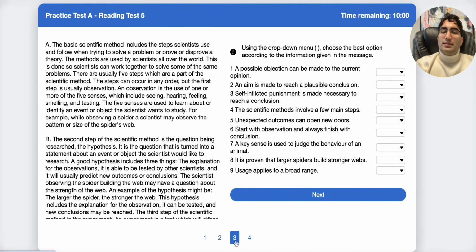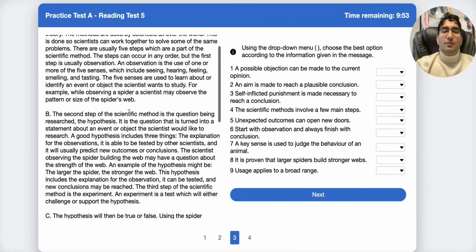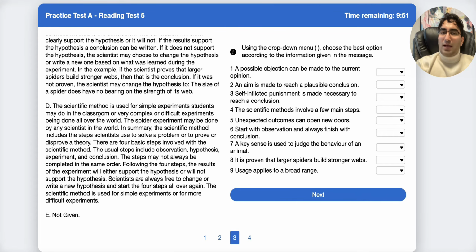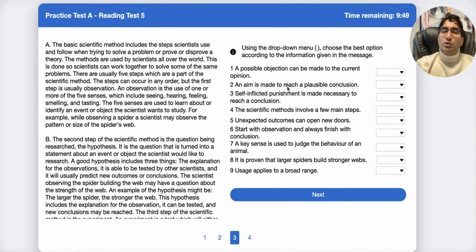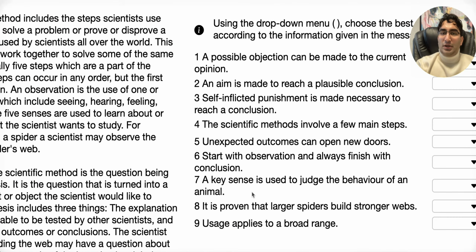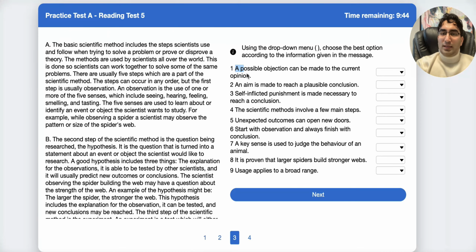Now we go to CELPIP reading task 3. Remaining time is 10. This is 10 minutes for this task. This is very similar to IELTS. Here you have A, B, C, D paragraphs, and all you have to do is match them with the options here. So if the information here is mentioned somewhere in paragraph A, I'm going to pick A as the answer.